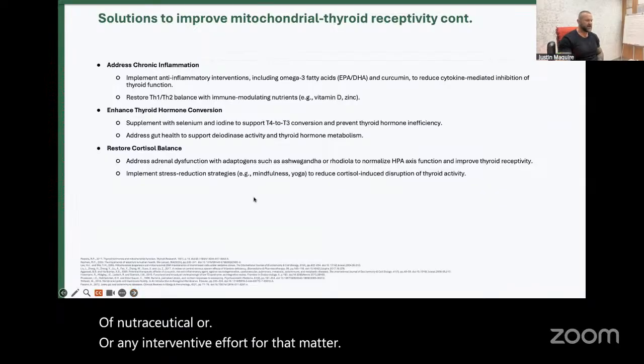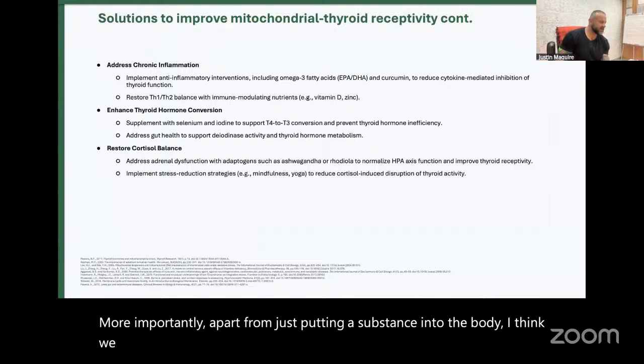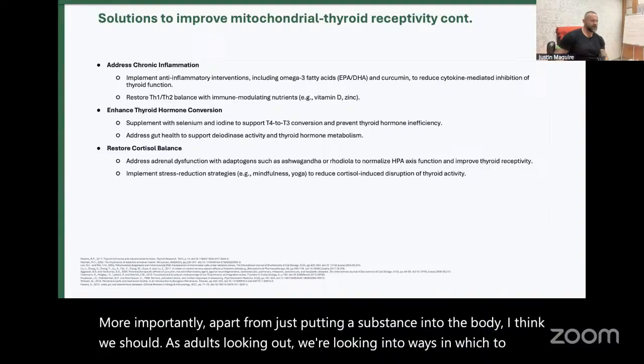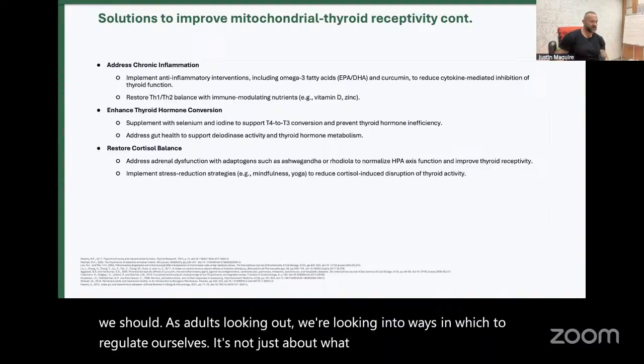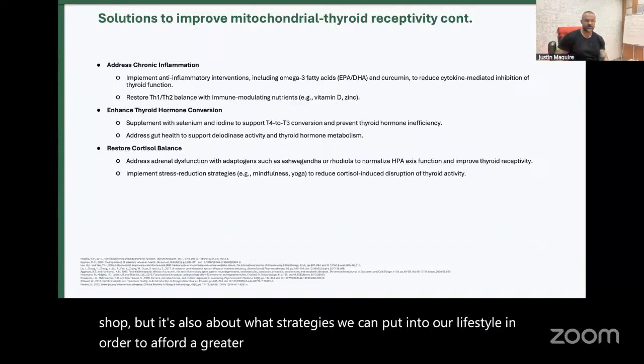More importantly, apart from just putting a substance into the body, I think we should, as adults, be looking into ways in which to regulate ourselves. It's not just about what we can buy from a health food shop, but it's also about what strategies we can put into our lifestyle in order to afford a greater hormetic bandwidth, the capacity to tolerate stress.